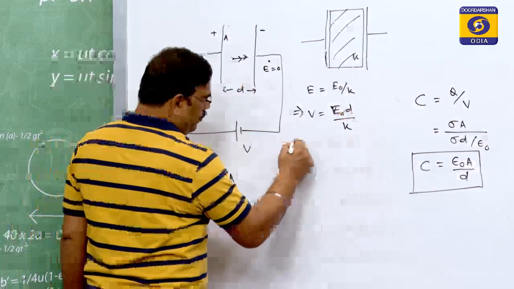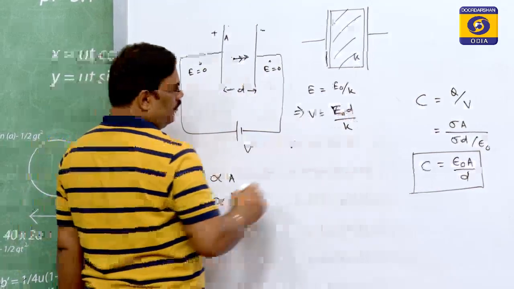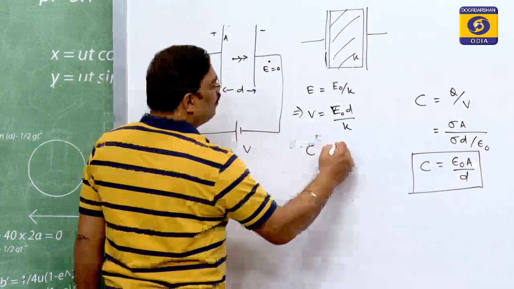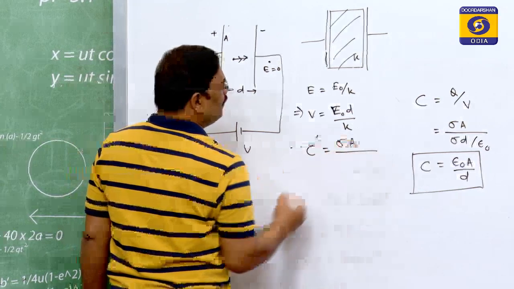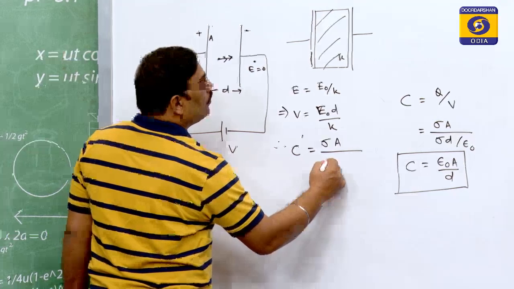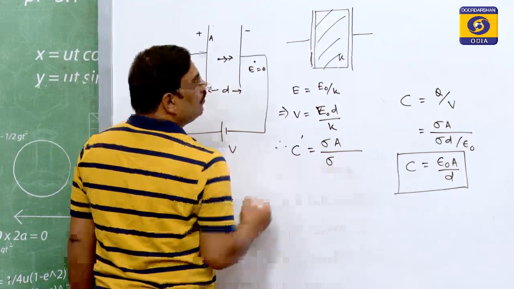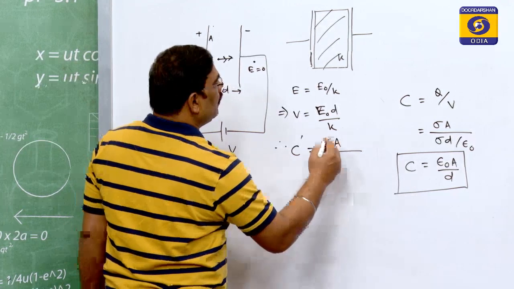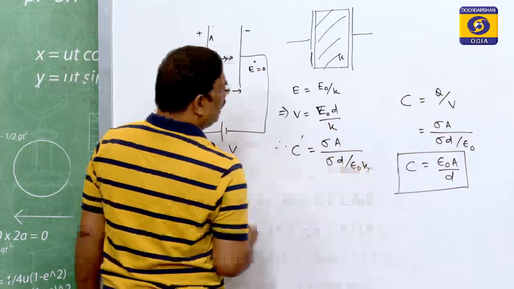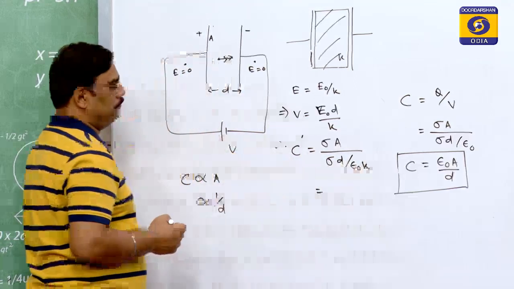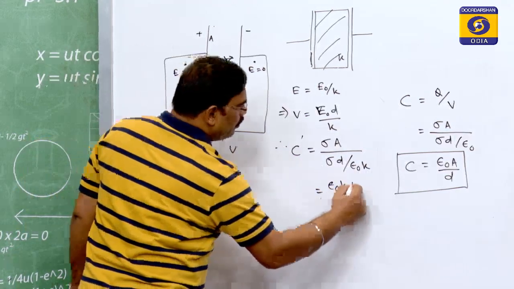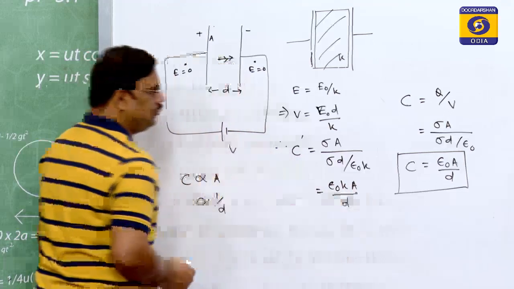So, therefore, your C dash will be equal to sigma A divided by sigma d by epsilon 0 K. So, this is equal to, sigma will cancel, epsilon 0 K A divided by d.